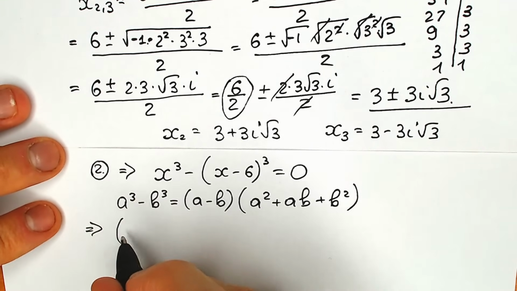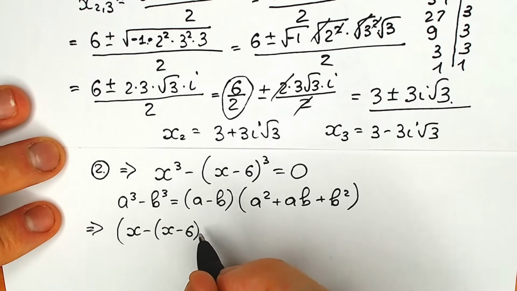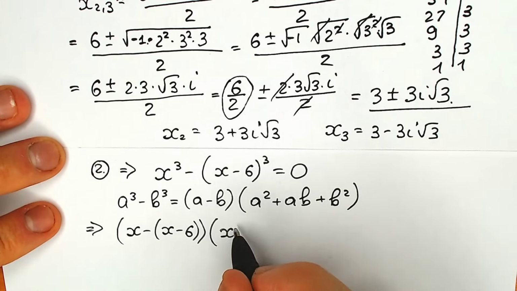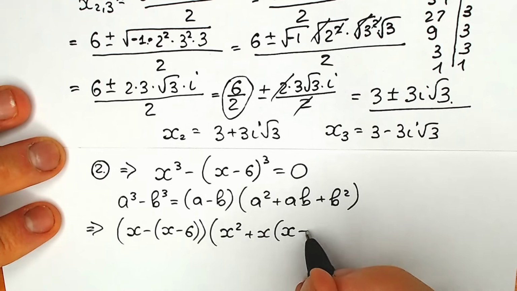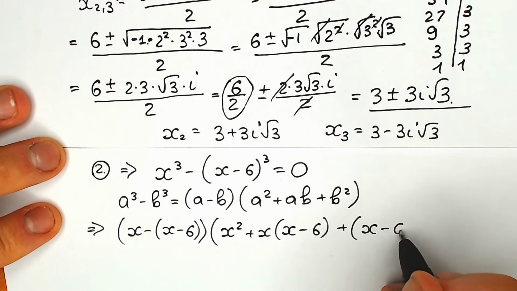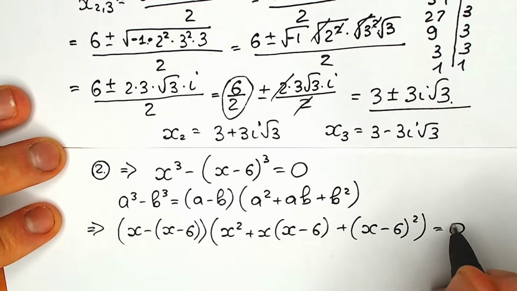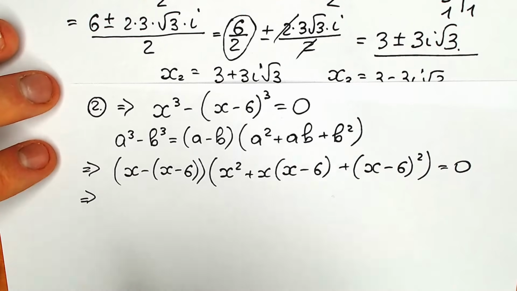As a result, what do we have? X minus x minus 6. This is our first parenthesis, and in the second parenthesis we're gonna have x squared plus x times x minus 6 and plus x minus 6 square equal to 0. Let's simplify this real quick. First of all, what do we have on the left side real quick?